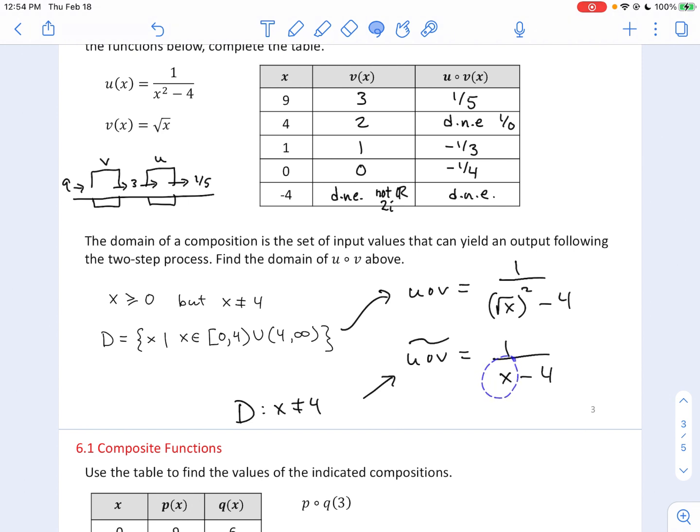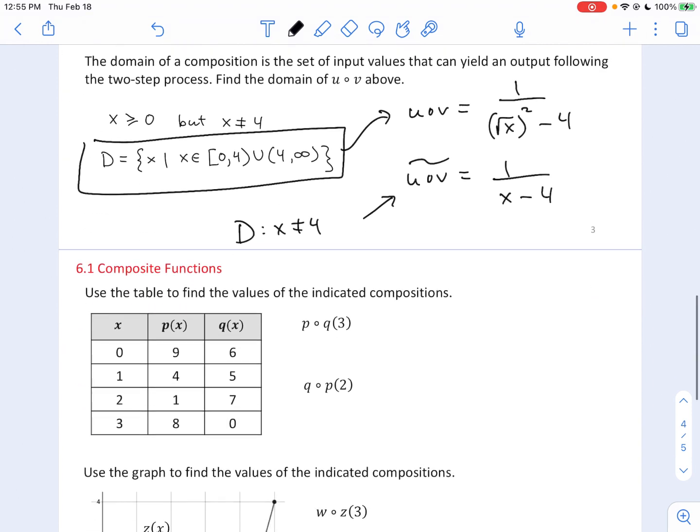Negative 9, not a problem. So the unsimplified function is technically different than the simplified one because their domains are different. But when you're finding the domain of a composition, you want to give an answer that corresponds to the unsimplified version. This domain is the domain. Think of it as a two-step process. You have to be able to survive the first transformation and then subsequently survive the second transformation.